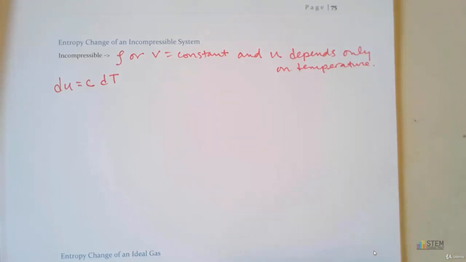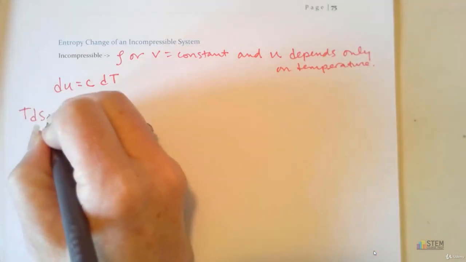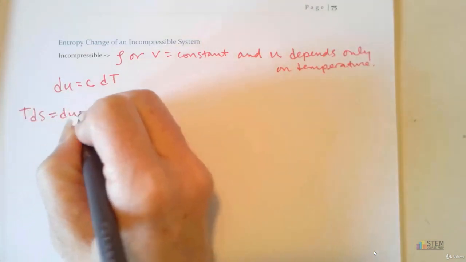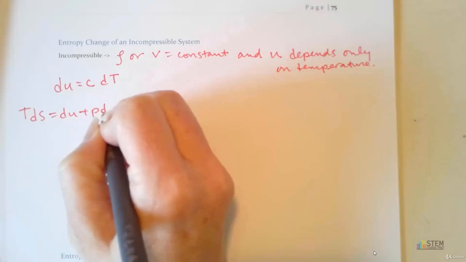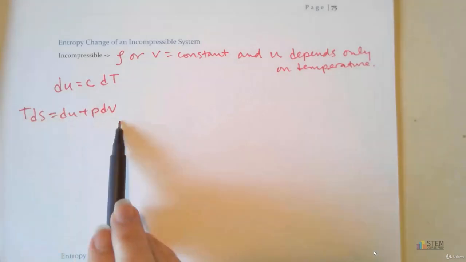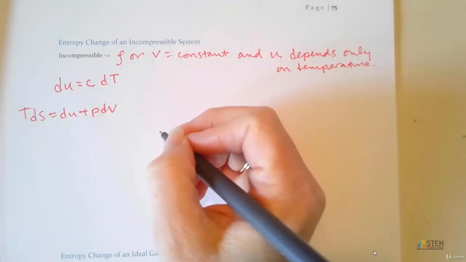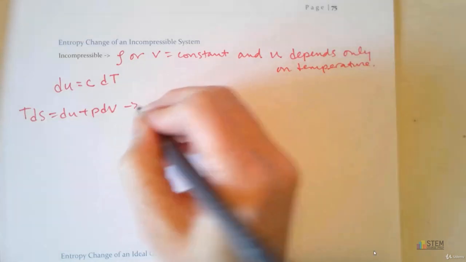Now, what we're going to do is, if we look at the equation, TdS equals T du plus P times dV, if we look at that and we divide by T, then let's see what we'll get.